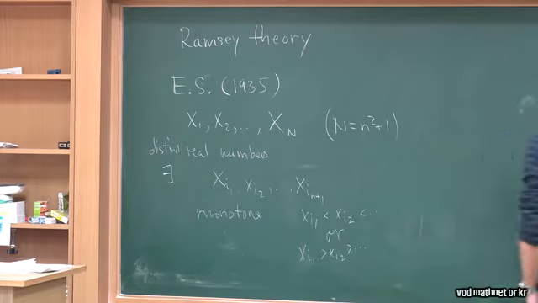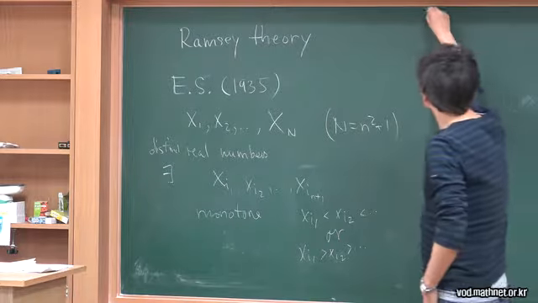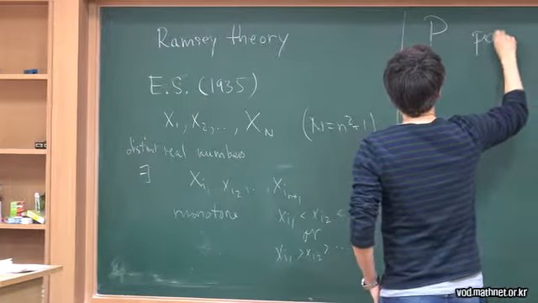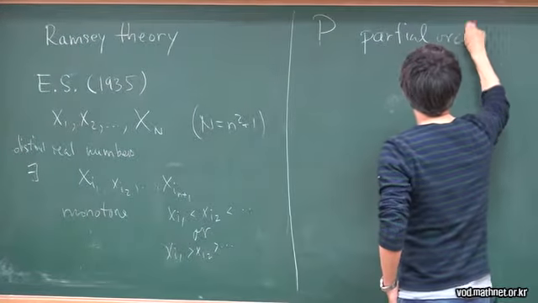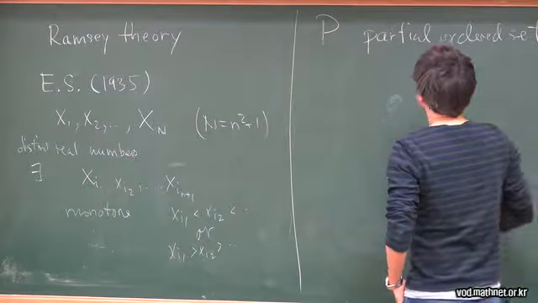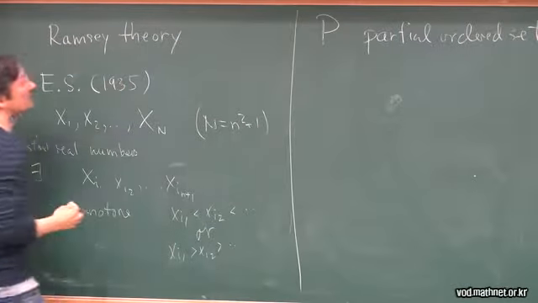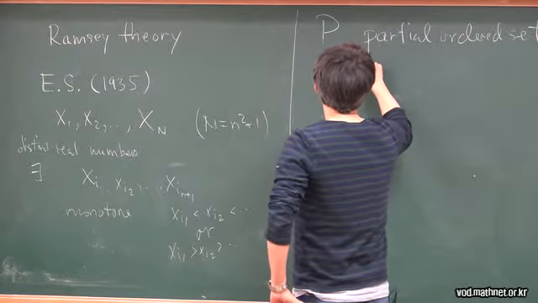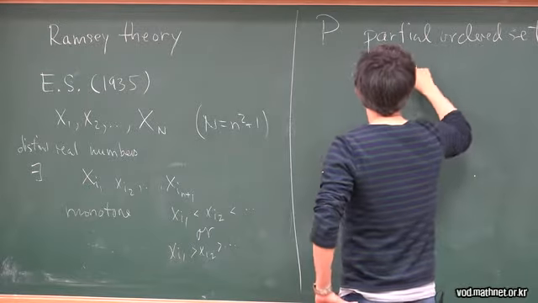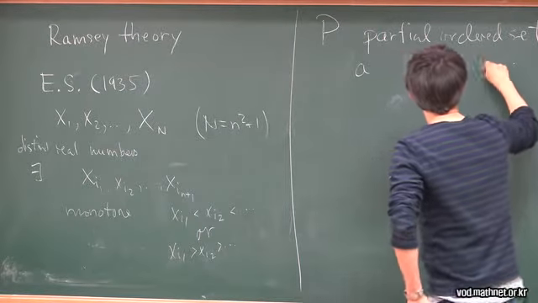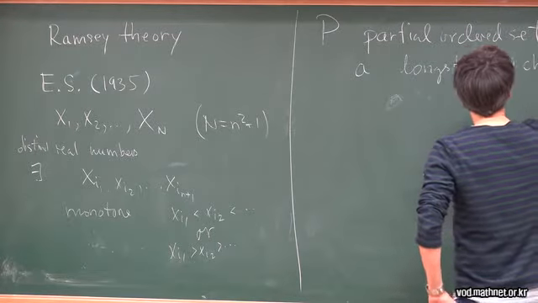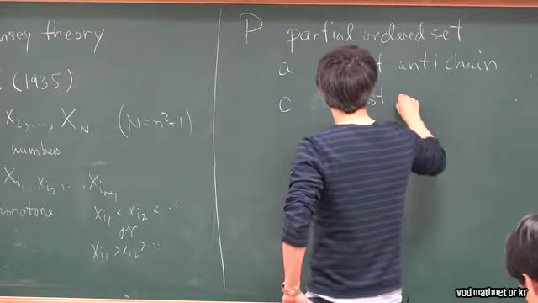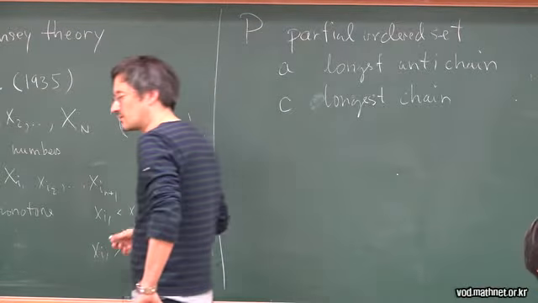There's a more combinatorial way of viewing this, which says that if you take a partially ordered set, let's say finite, so you have a finite set with a partial order on it, and let A be the length of the longest anti-chain, and C the length of the longest chain.